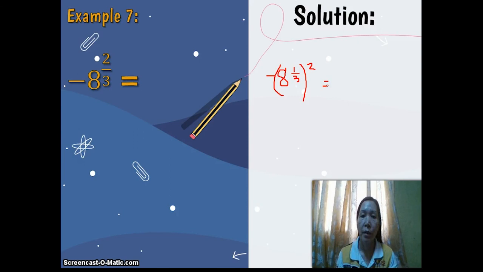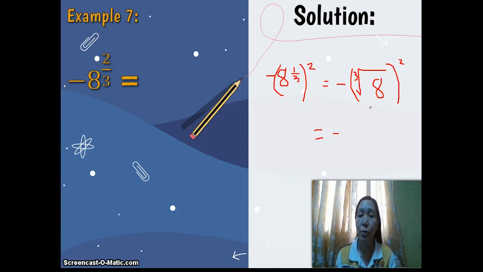Next, we're going to convert this into radical form. So this will now be negative, the cube root of 8, quantity raised to 2. Think of a number that when you multiply it by itself three times, the answer is 8.